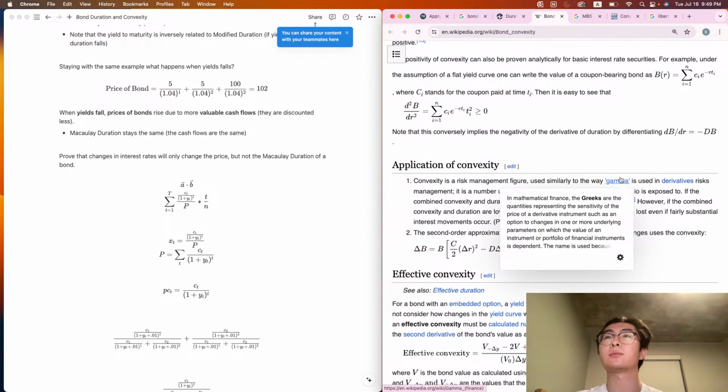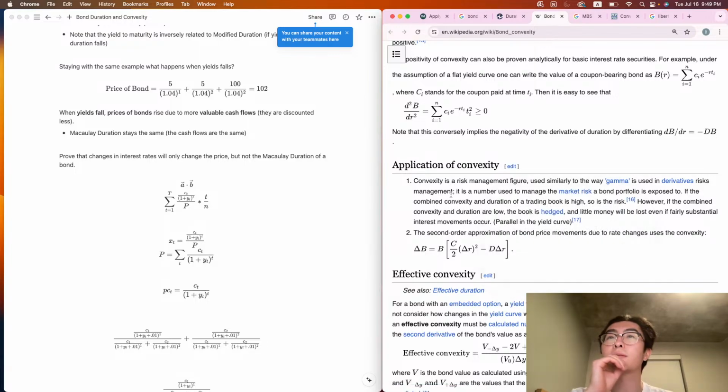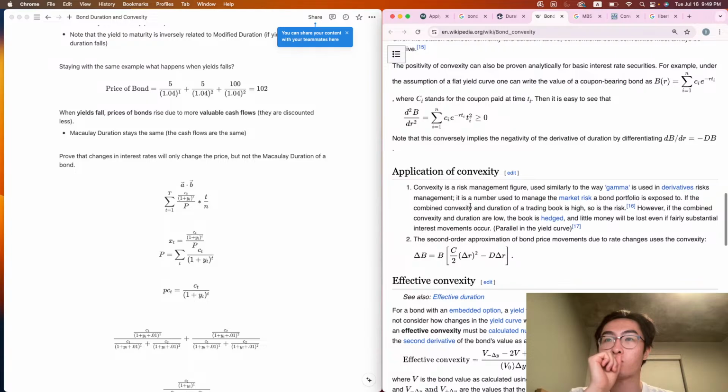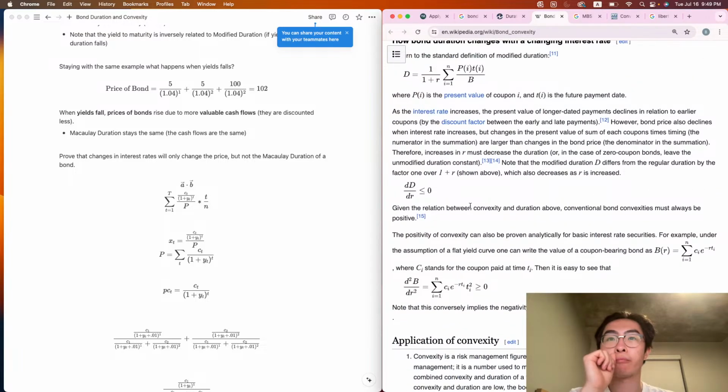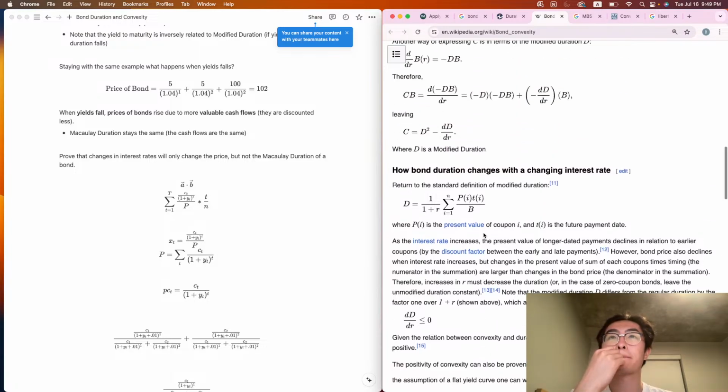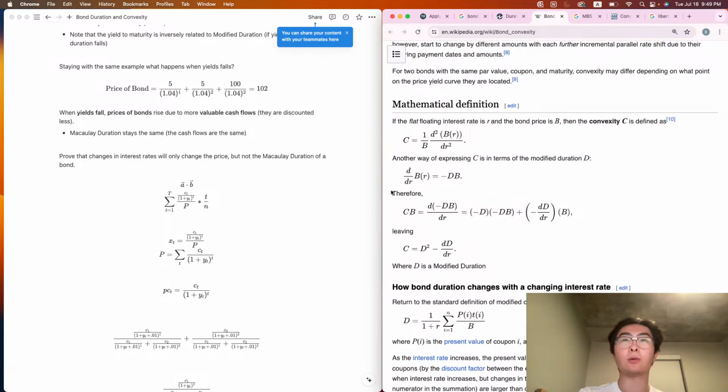Gamma, okay, so similar to what gamma is. Let me see what this is trying to say.